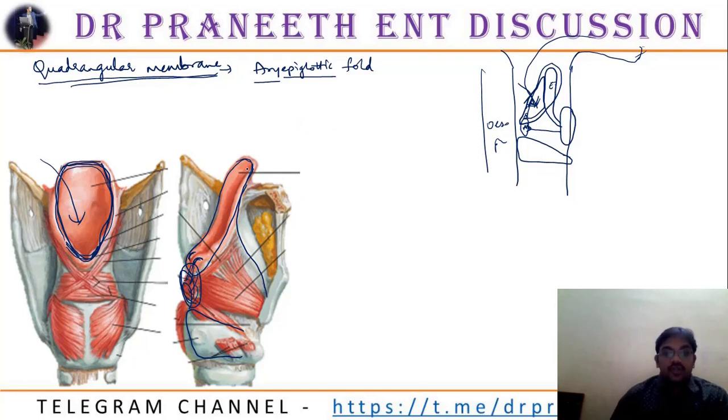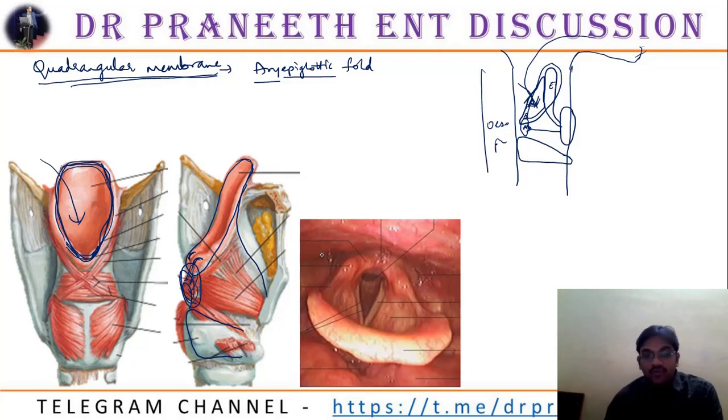If you take this lower border of the pre-epiglottic fold, even in endoscopic view you can see the mucosal fold, and see these are the arytenoid prominences. Over the arytenoid you have this mucosal covering, right? See, this entire thing is the pre-epiglottic fold on either side.